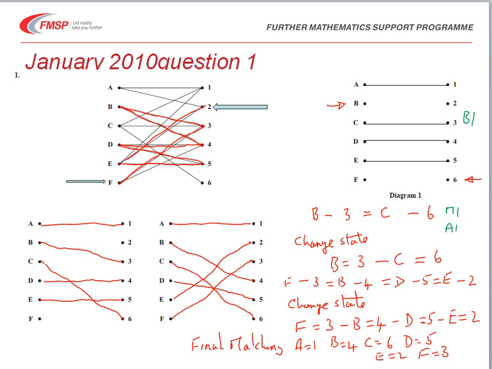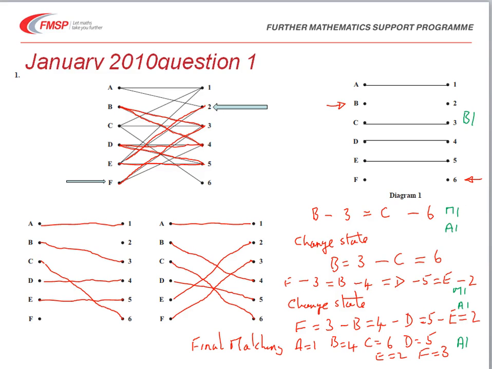There was a second method and accuracy mark for doing the second alternating path, and finally an A mark for writing down the final matching, not just leaving it on the diagram.